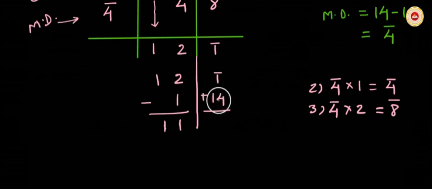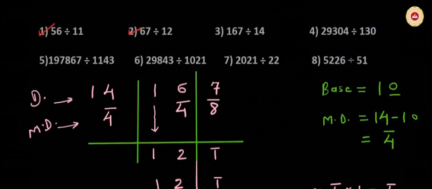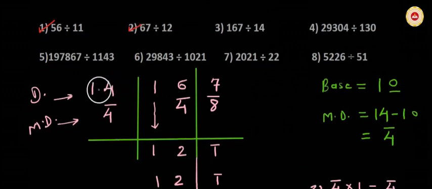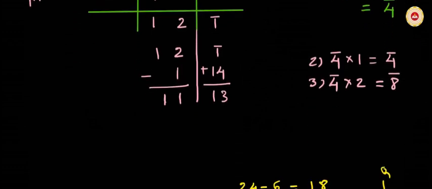And now do this addition. 14 minus 1 is 13. Now friends, we have got positive remainder, and that positive remainder is less than given divisor 14. It means that we have to stop the division process here. We are ready with final answer. Quotient is 11 and remainder is 13.